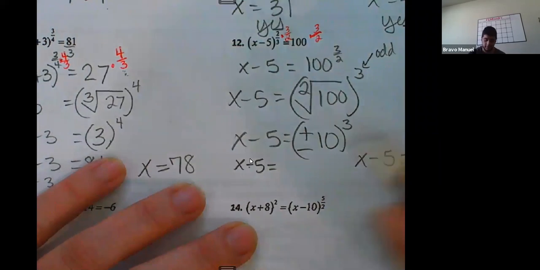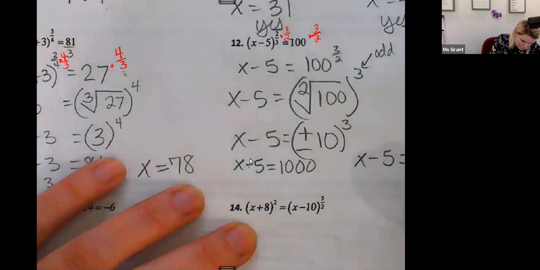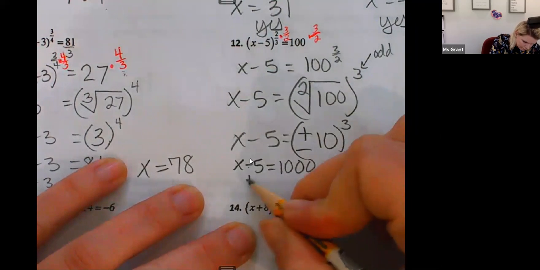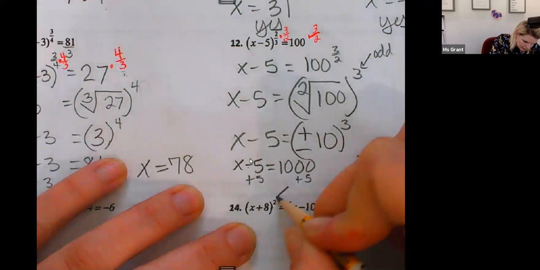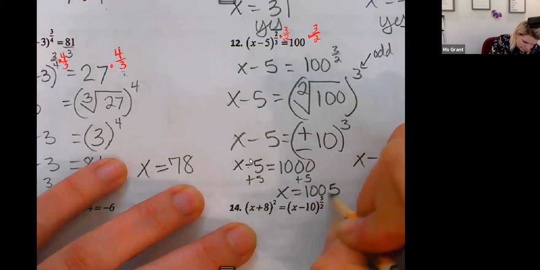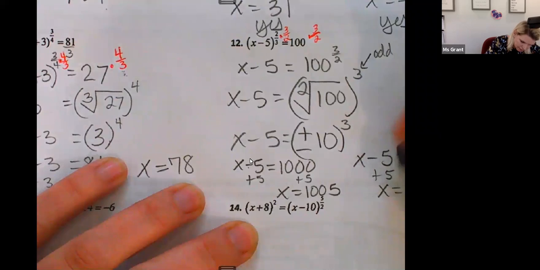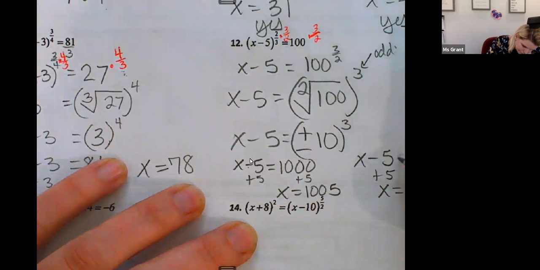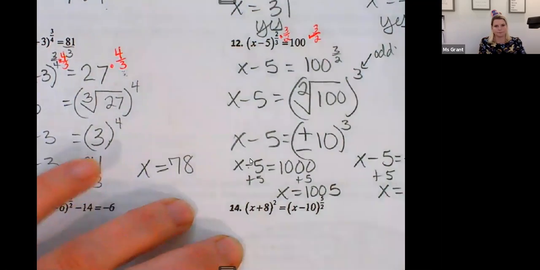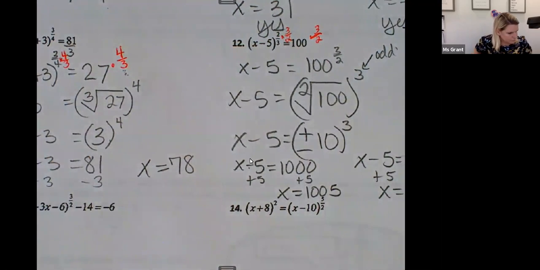Thank you. x equals 1005. Oh, I never did the negative 1000 on the right. Hold on. x equals negative 995. And it turns out, yes, they both work.